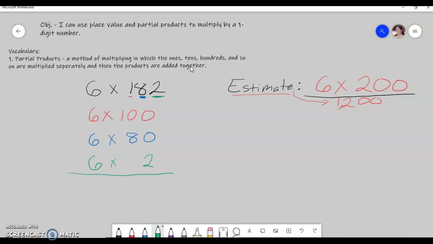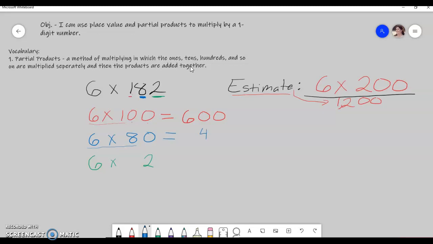So, what we're going to do is start with our hundreds. So, 6 times 100, well, let's think about the basic fact. 6 times 1 gives me 6, and then I bring over my 2 zeros. Okay, now I'm going to do 6 times 80. Well, think about the basic fact. 6 times 8 is 48, but I need to add on that 0.